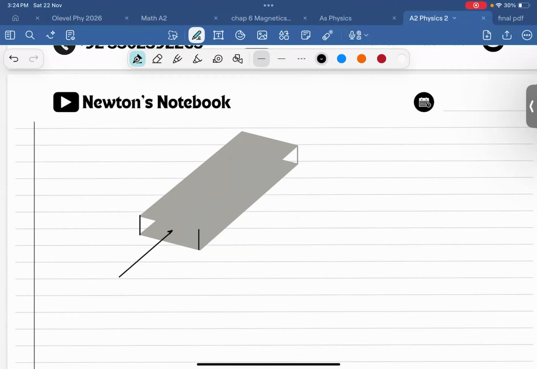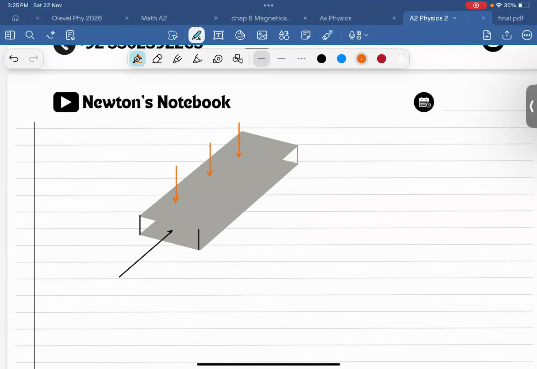It is placed under the magnetic field, so the magnetic field is like this, like this, like this, and like this. So the magnetic field is into the page, or into the plane.